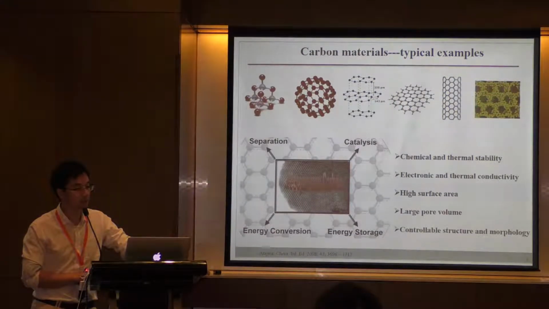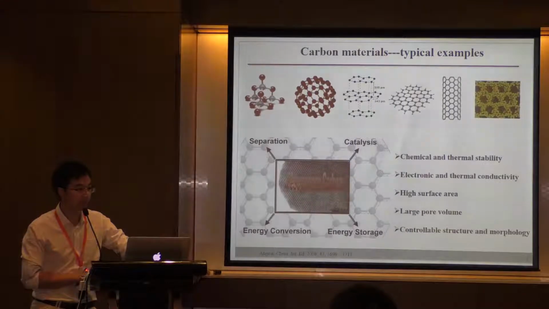So this is why we are more interested in porous carbon materials, because these nanopores may be better at dispersing and stabilizing nanoparticles. These nanoporous carbon materials also have good chemical and thermal stability as well as other electrochemical properties, and we can get very high surface area.